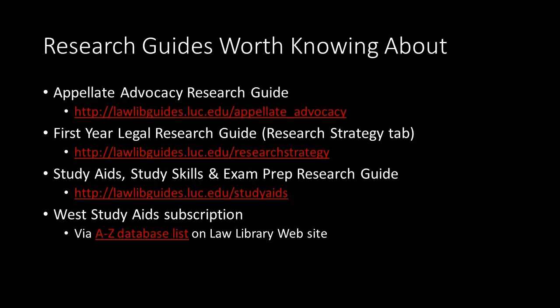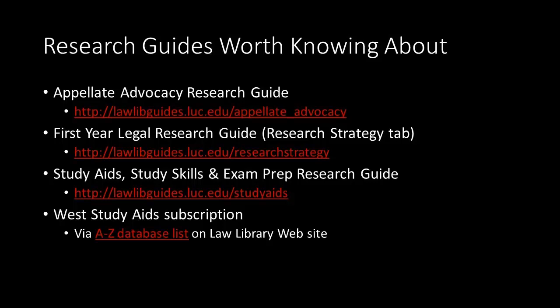I mentioned it earlier, but I'm going to re-emphasize it here. The First Year Legal Research Guide, the Research Strategy tab, is where the research log sample was found. But it also has all kinds of other tips for doing research strategies, how to begin a project, how to ask questions, how to focus in on your research, and some other free online legal resources that are linked out from there, things that we didn't necessarily cover during first year legal research.